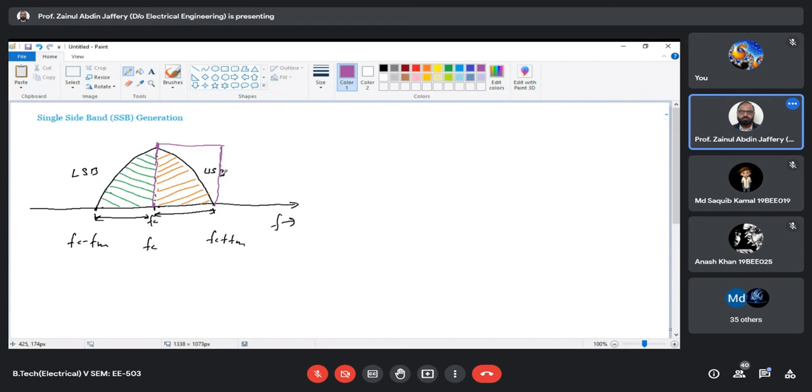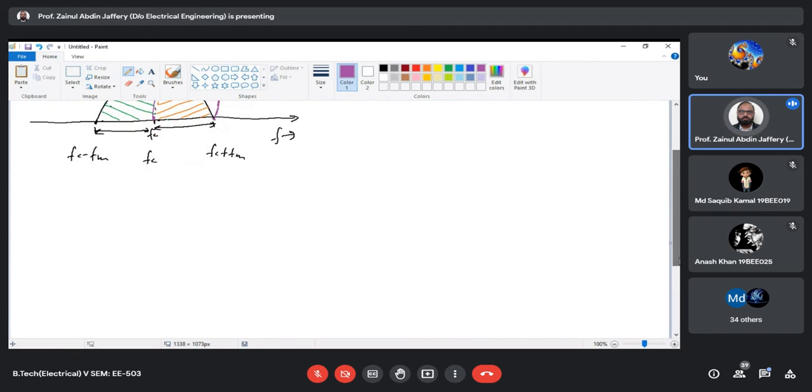This is the characteristic of band pass filter, okay. So this is the band pass filter, okay.